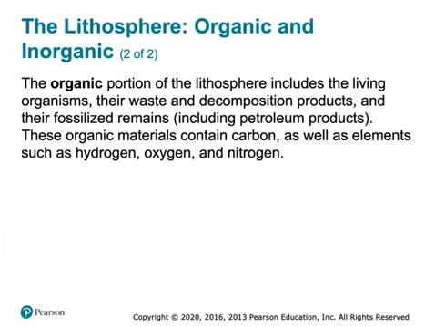And so we have the organic part of the lithosphere. It makes up a small amount, but it has the carbon-containing organic molecules, especially in the soil. And the nitrogen. Nitrogen is also important for growing crops, like phosphorus and potassium.